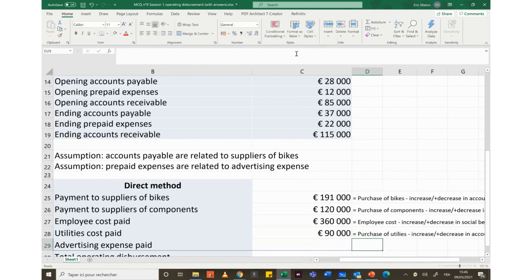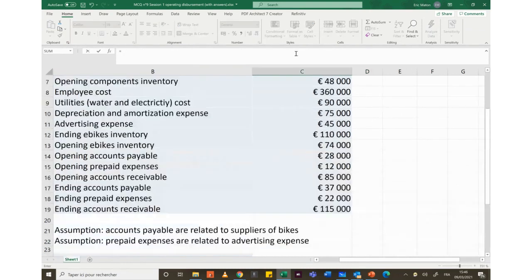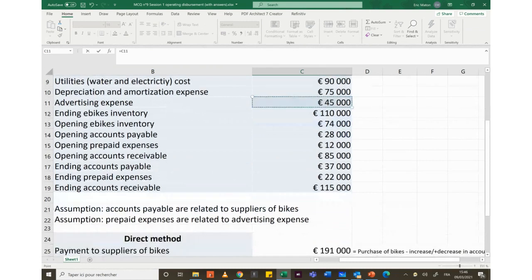Okay. Advertising expense paid, I take the 45 and I say the prepaid expenses are related to advertising. So it means prepaid expenses I pay in advance. If I increase the prepaid expense, it's more cash outflow. If I decrease the prepaid expense, it means it's already paid during the previous period, and now I'm using this service, so now it's expense in the P&L.